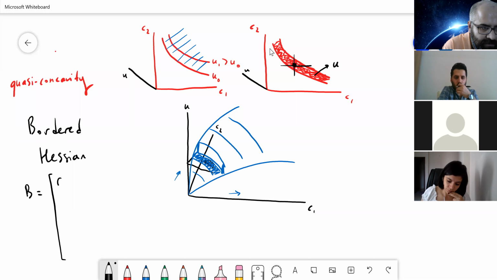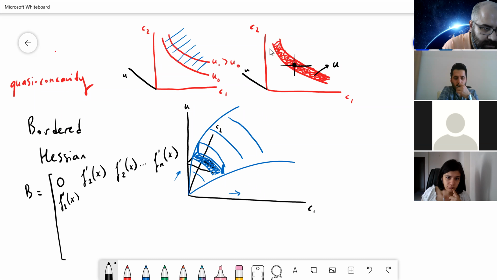If you have function f, you have f prime, for each argument you have these terms, then you have the transpose of it here, f2 prime x, up to fn prime x.